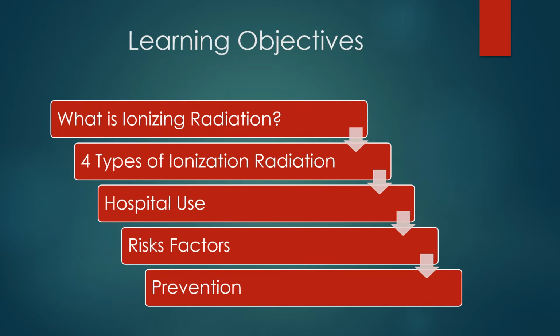After that, we'll discuss some risk factors when being exposed to ionizing radiation as well. And finally, we'll learn about the safety and prevention methods when handling ionizing radiation. So by the end of this presentation, everyone will be familiar with ionizing radiation and be competent with managing it within a hospital.